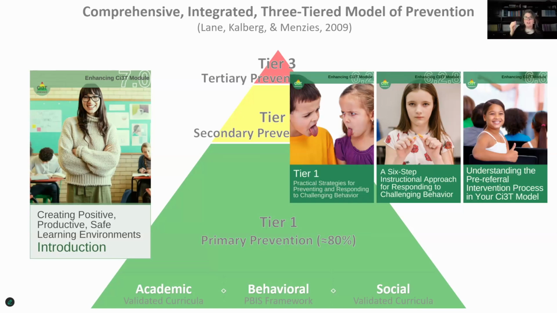But we want to make sure that in this model, teachers have what they need to create positive, productive, safe learning environments. And those earlier resources that I showed you do basically both sides of the gospel. They're teaching you how to create these classroom structures, and all of it is laid out in a Ci3T implementation manual. And I know David Royer runs multiple series to help people in different states to build these, to clarify what people need to know about the academics, the behavior, and the social and emotional well-being.